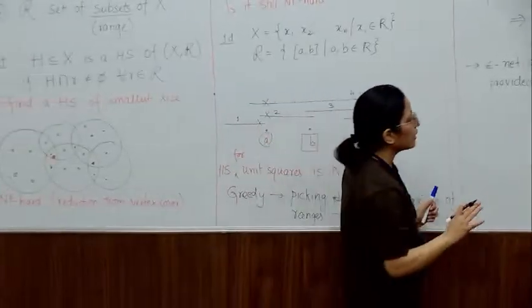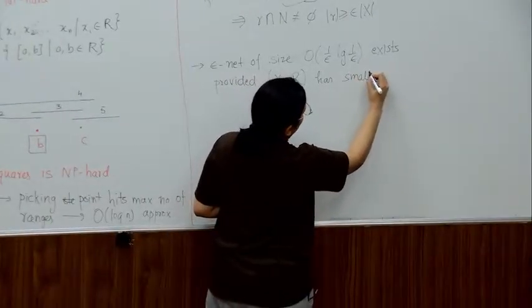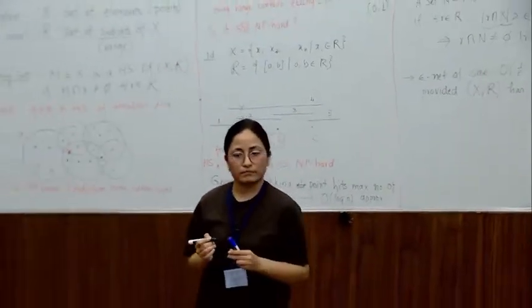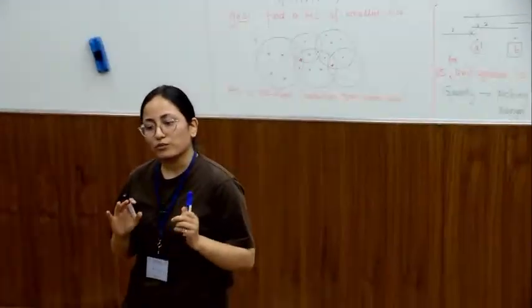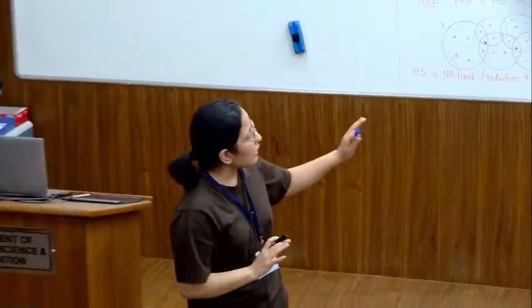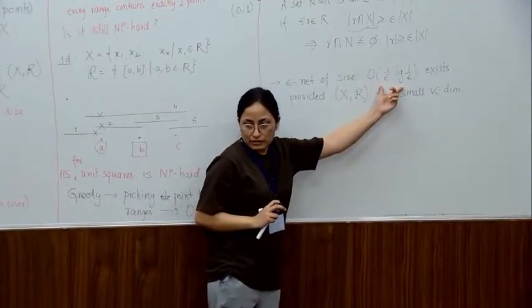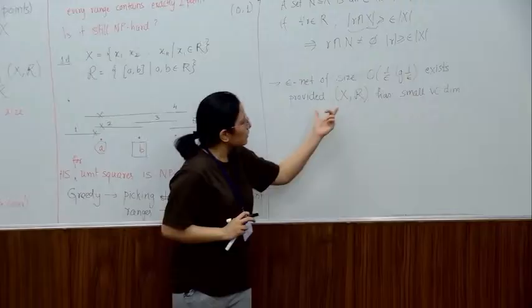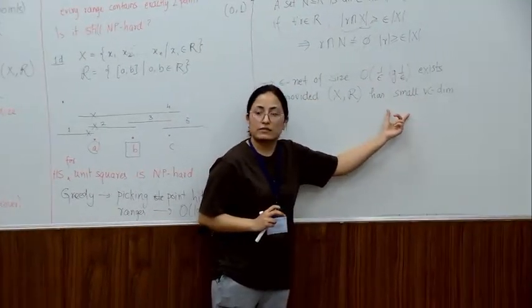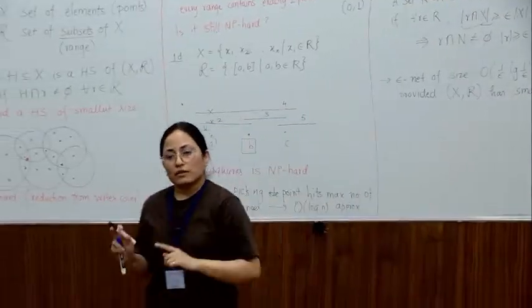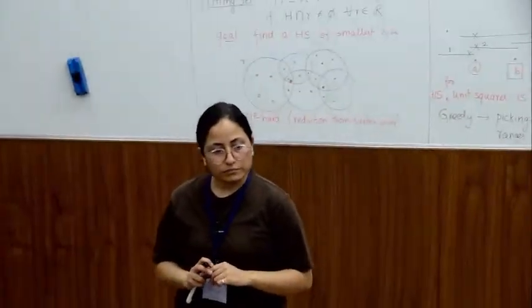What I mean by that is, it has a small VC dimension. So now we'll spend quite some time understanding the concept of VC dimension. Once we know that, we'll see a theorem which guarantees the existence of an epsilon net of this size, provided our range space has a bounded VC dimension. Once we have that result, we will go and design our algorithm.